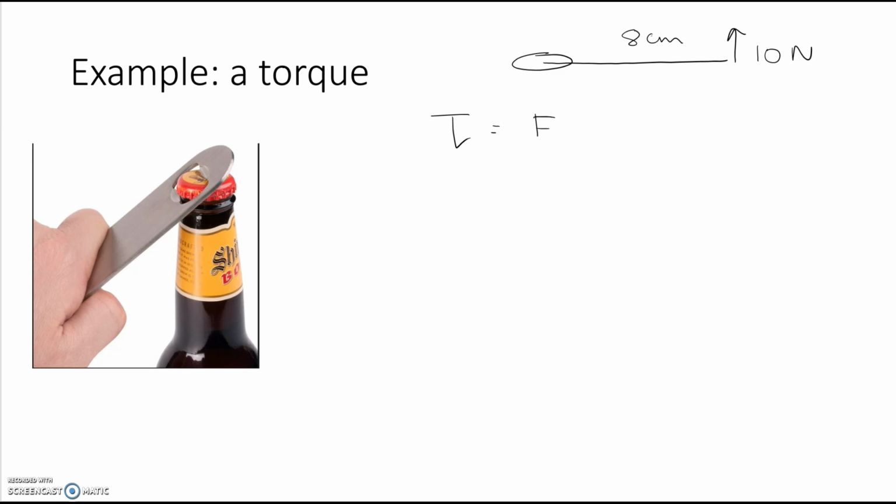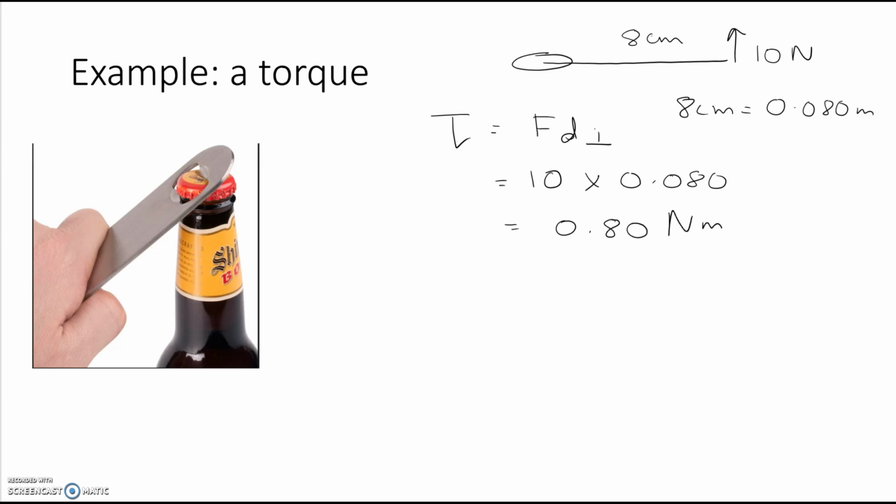So from the previous slide, the force is 10 newtons, and 8 centimeters, we need it in meters, so it's 0.08 meters, which will give us 0.8 newton meters, and in this case it's going to go anti-clockwise.